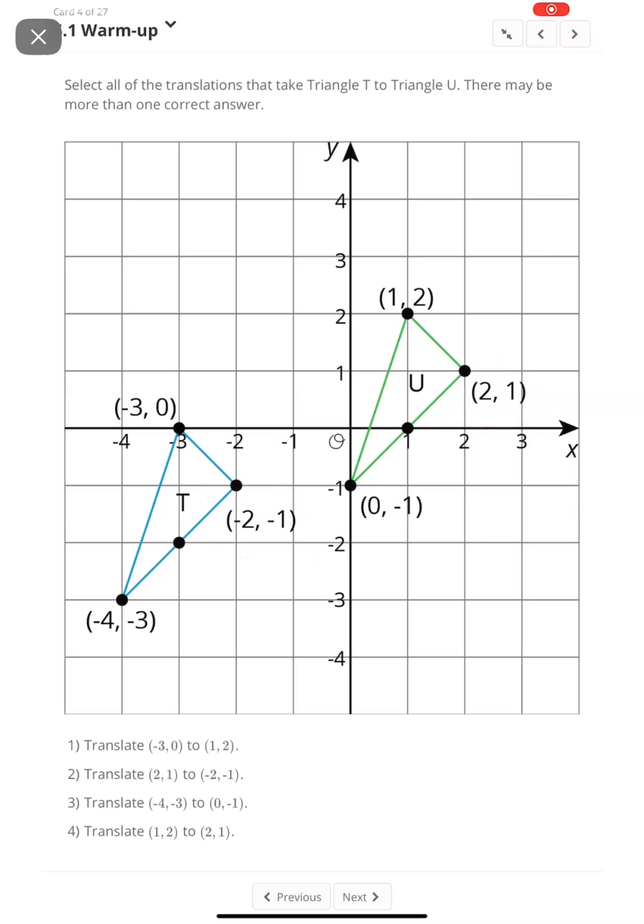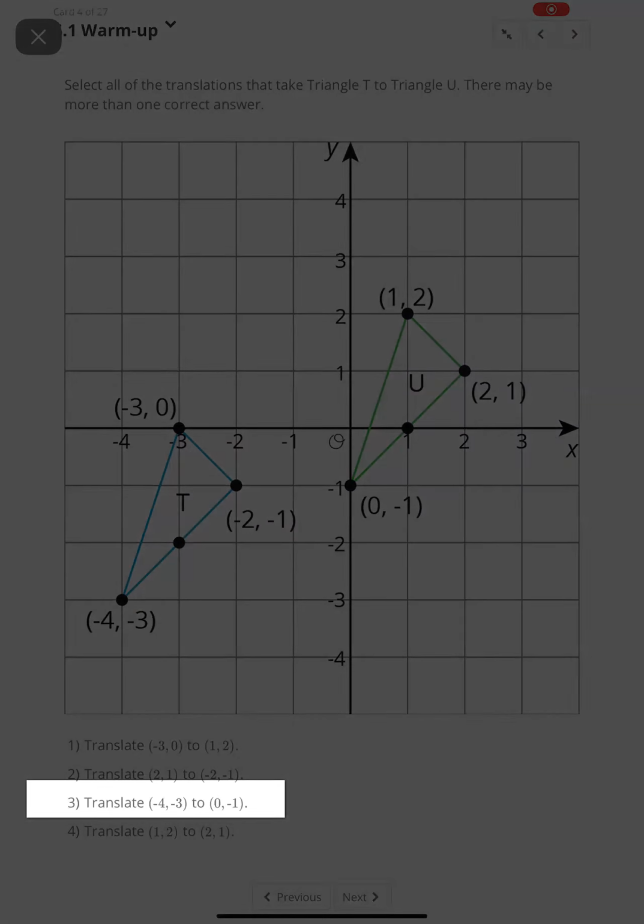So right away we can see a problem, because the original question is asking us which translations are going to take triangle T to triangle U. So number 2 is not correct because it's going backwards. It's taking the green triangle down to the blue triangle.